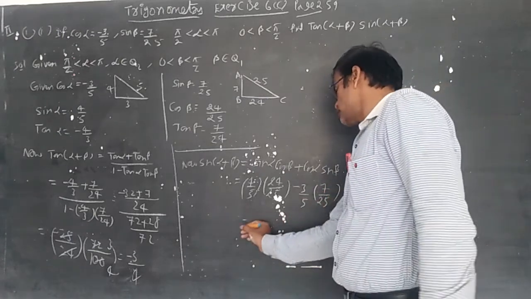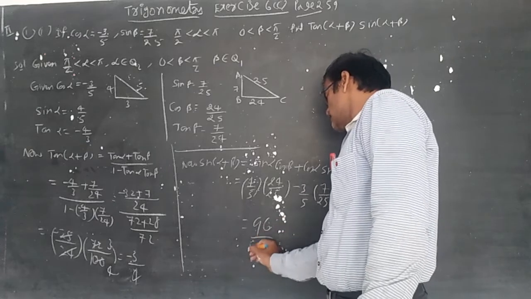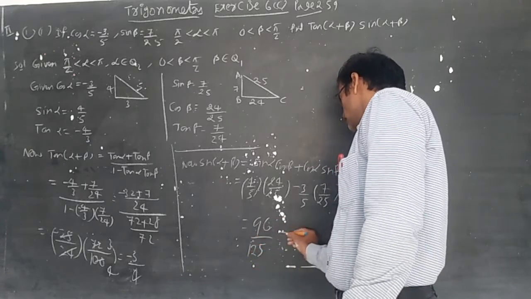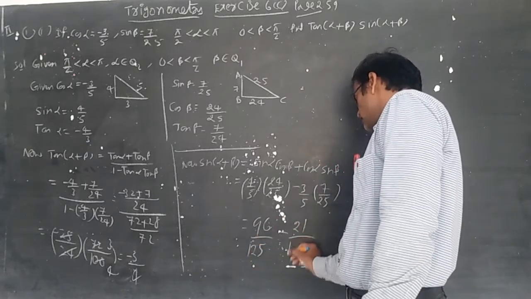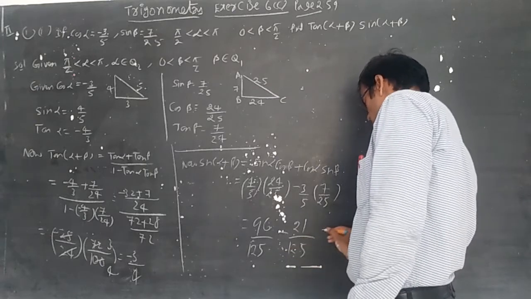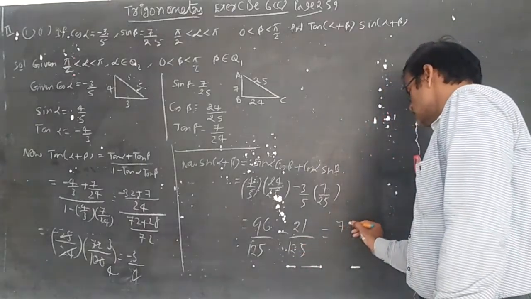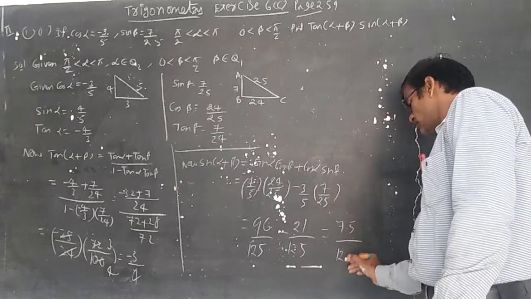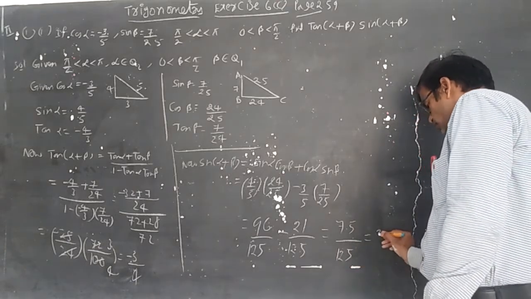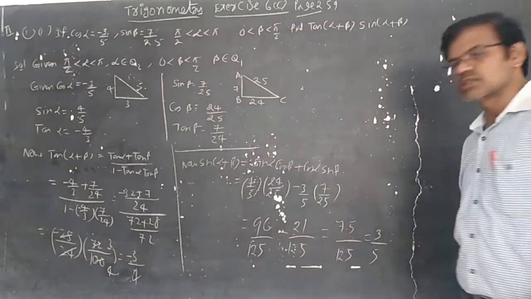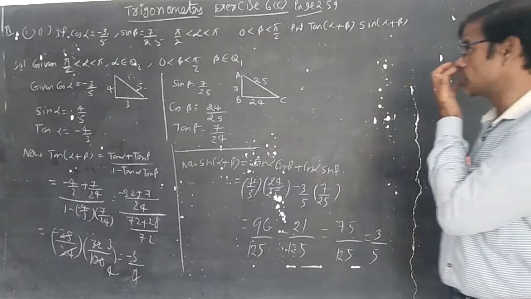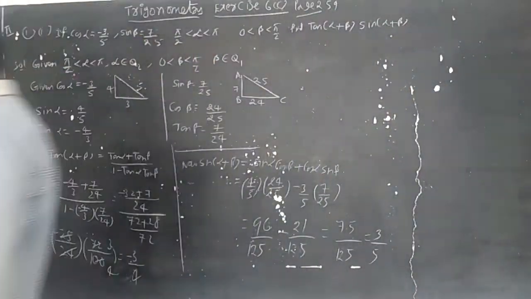So this is 4 into 24, 96, by 5 into 25, 125, minus this is 21 by 125. So 96 minus 21 gives 75. 75 by 125, here 25 will divide, giving 3/5. So the value of sin of alpha plus beta is 3/5.